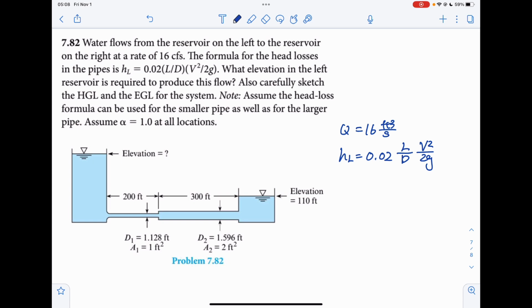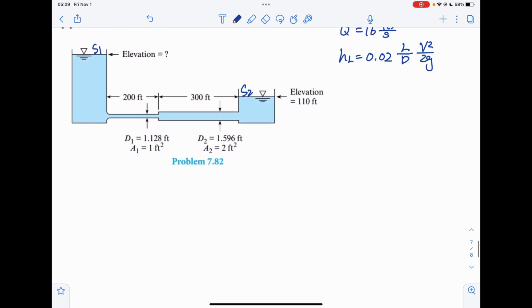So we're going to call the two water surfaces we're going to use for the energy equation S1 here and S2 here, in order to avoid confusion between point 1 and point 2. Okay, so the first thing, we're going to find the velocity of the first pipe.